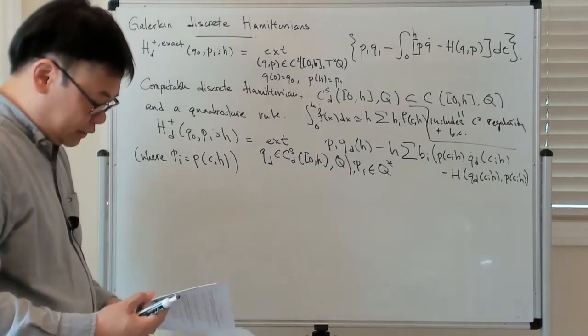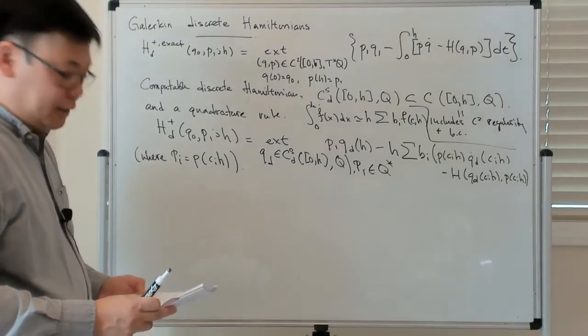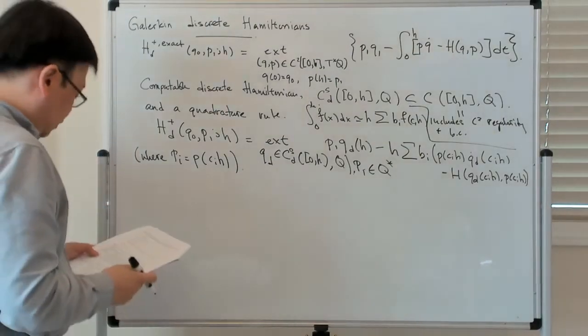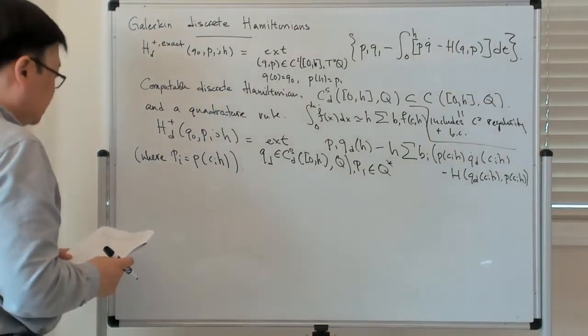There's a proof of this, which I won't go into, but if you're interested, I'm happy to point you to the reference. Let me just state the result as it stands.